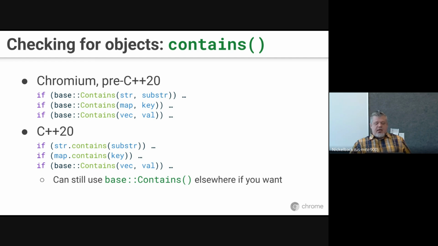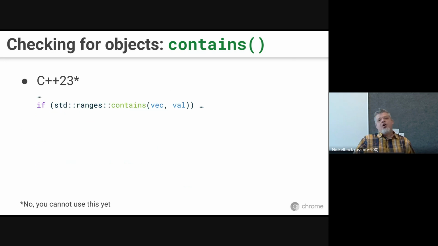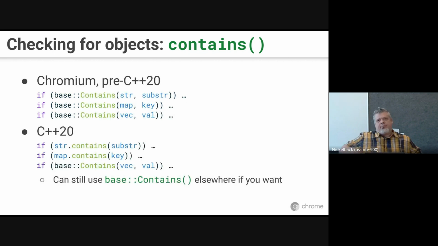Now, coming in C++23, which I say on the next slide, we get ranges contains. So we at least have a ranges form of contains for vec, but vec is still not going to get a member contains. So if you don't like that, if you think, hey, I'm using member functions on one and a free function on the other, I dislike this inconsistency, I want to do it the same everywhere, then you can do the bottom thing I have on this slide and use base contains everywhere, and it still works.